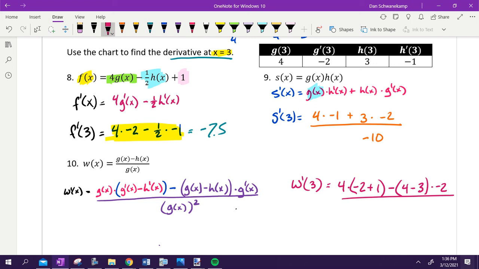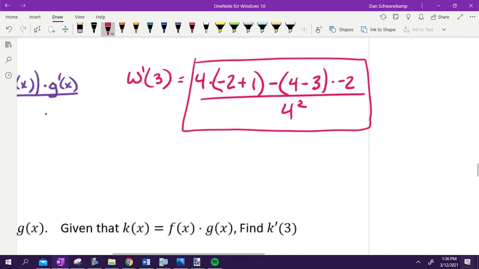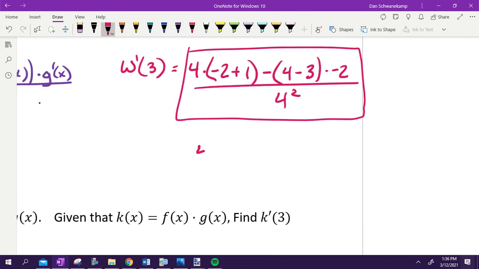And on bottom, it's g of x squared, so it'd be 4 squared. There's a lot of things that you could make a mistake on there. Okay, if we can leave it like that, we could. If we wanted to simplify, that'd be 4 times negative 2 plus 2 all over 4 squared. That'd be negative 6 over 16. Negative 3/8.